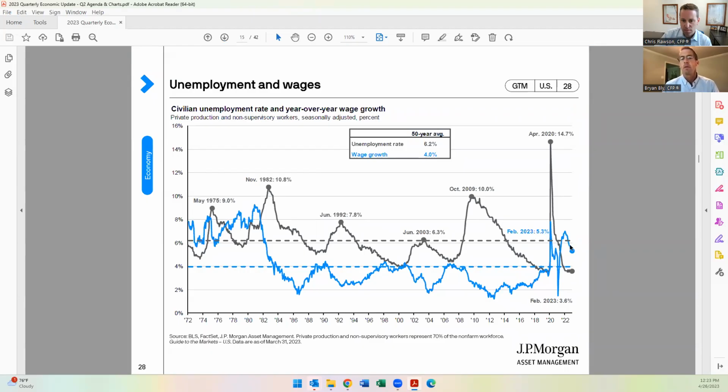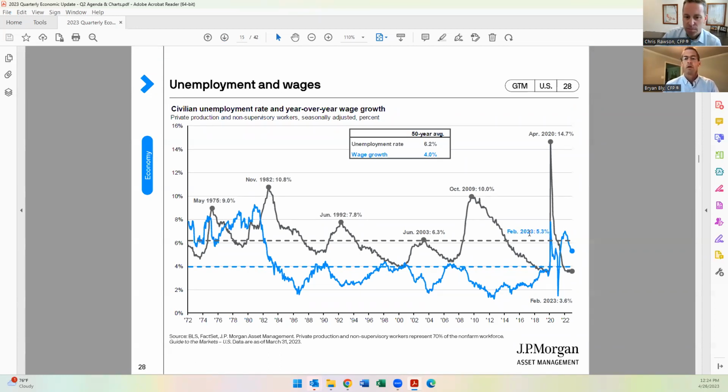While we're still over the 50-year average, wage growth has seemed to at least peak for now. So that should help ease inflation, both from manufacturing and more importantly from the services side.